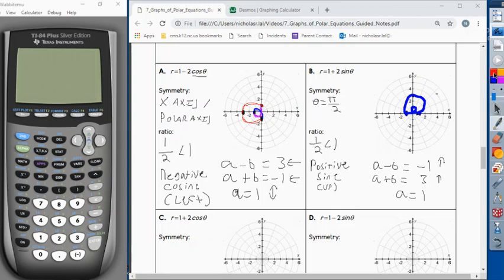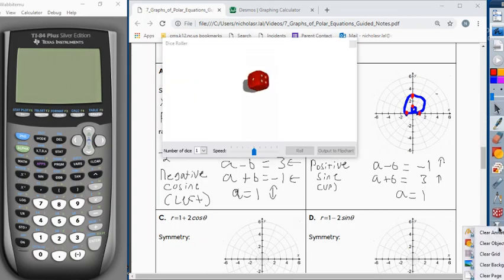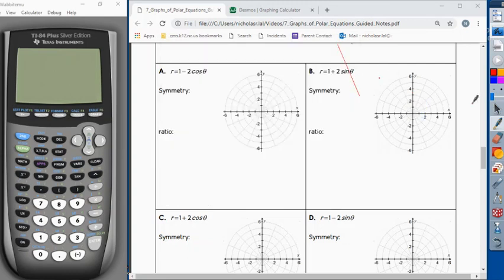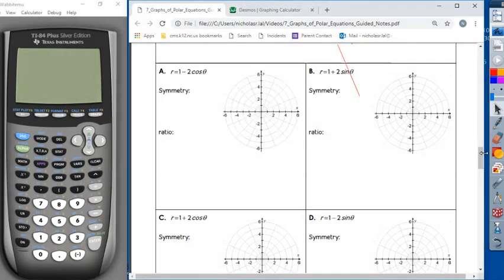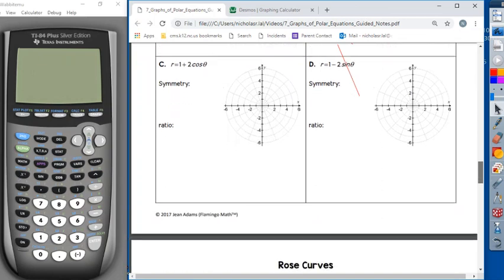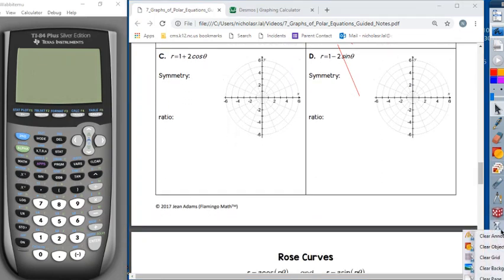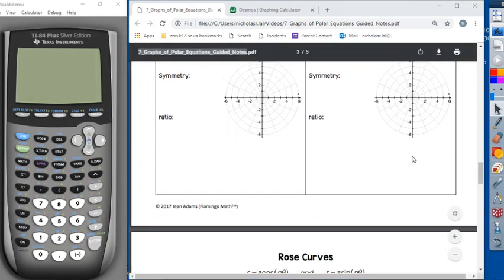And you have your points that you are looping around right here. Those are your critical points. Clearing annotations. We're going to move to this graph right here.